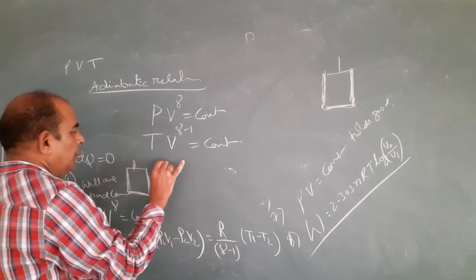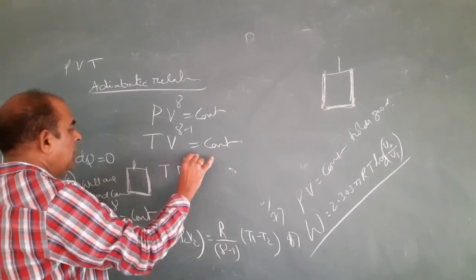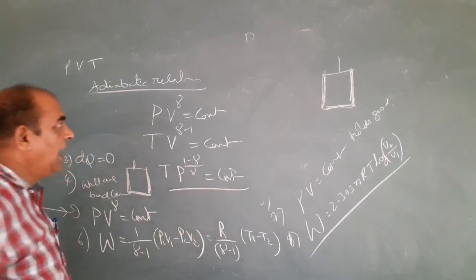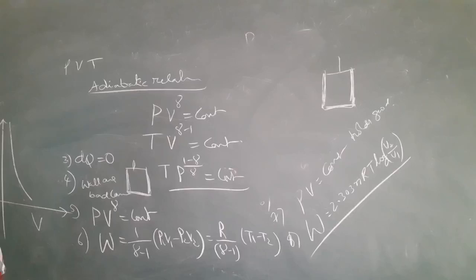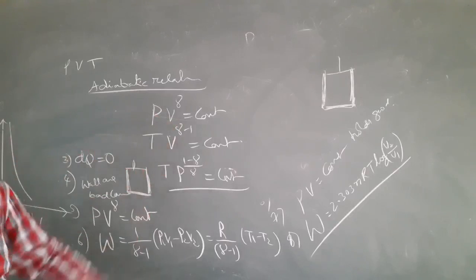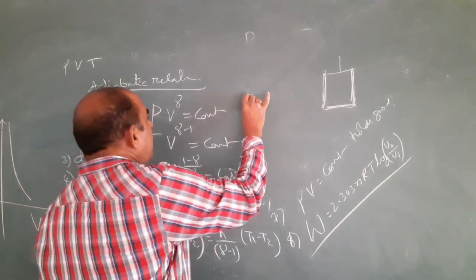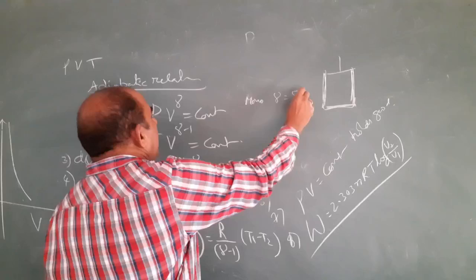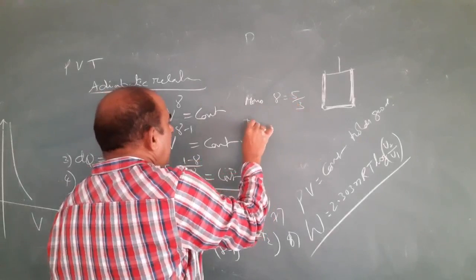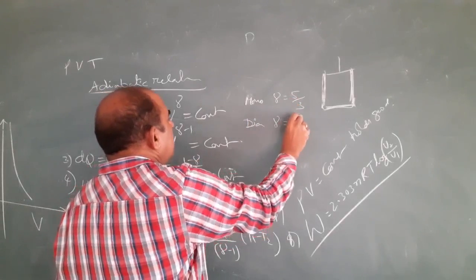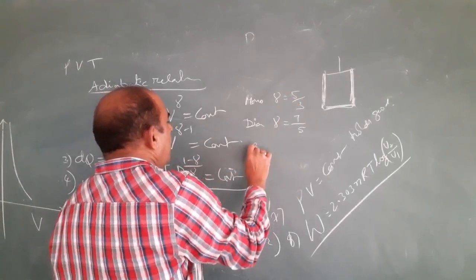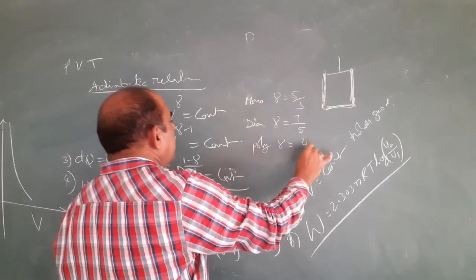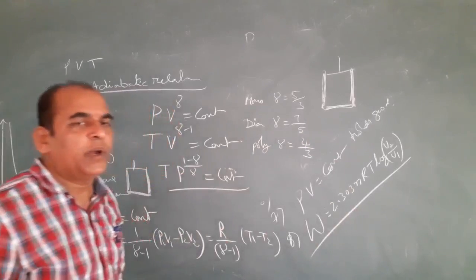Third, P power 1 minus gamma, T power gamma constant. And you have to remember the gamma values. Monatomic gamma is 5 by 3. Diatomic gamma is 7 by 5. Polyatomic gamma is 4 by 3.